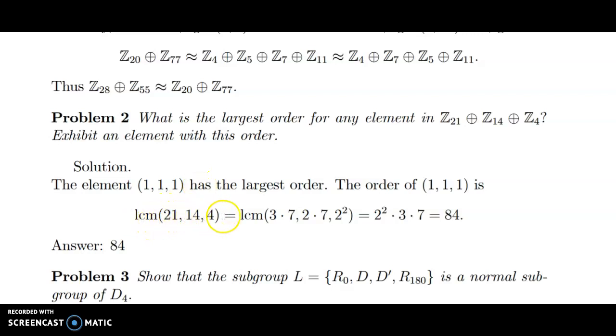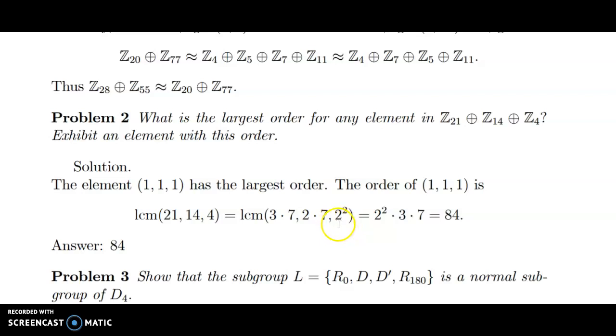And the order of a triple is the least common multiple of the orders of the components. The first one has order 21, the second one has order 14, and the third one has order 4. So the LCM of these numbers, how do you find the LCM? You write the prime power factorization of each number and then go over the prime powers.